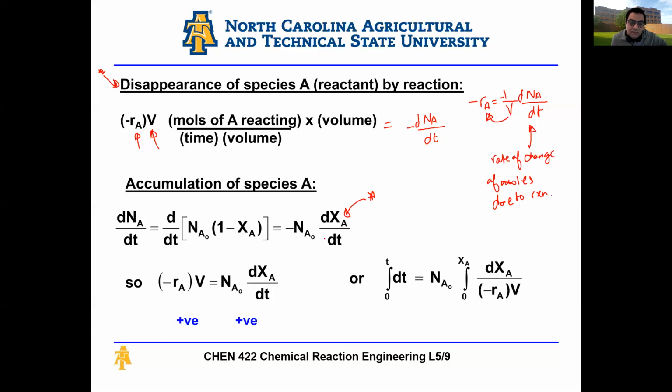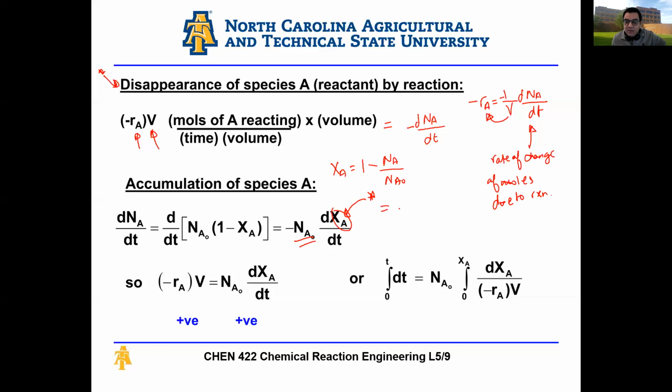The accumulation of species A, or how much species A remains in my reactor, is the initial number of moles multiplied by the conversion term. If you recall, we said that XA is equal to 1 minus NA over NA0, or CA over CA0.